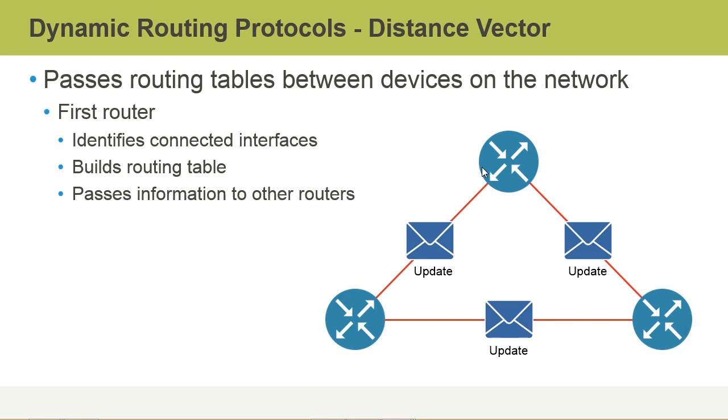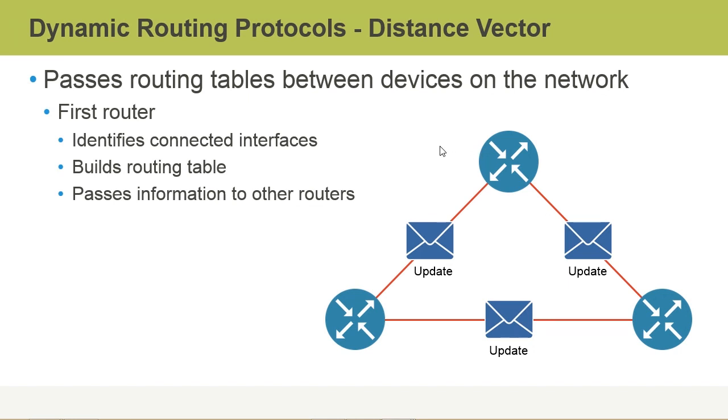By default, routers know about anything they're connected to. So this first router at the top would know about this network and this network, and whatever the IP ranges are for both of those networks, it would add those to the routing table.